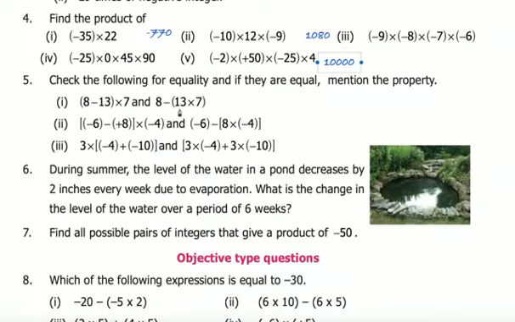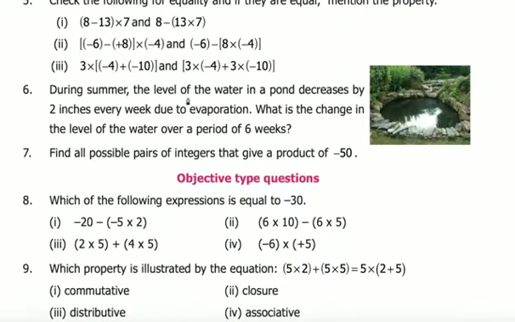This is quite larger in negative, and this is also a negative number. Minus 6 minus 8 into minus 4. Again, both are not equal. 3 into minus 4 plus 3 into minus. These two are equal. This is the distributive property.